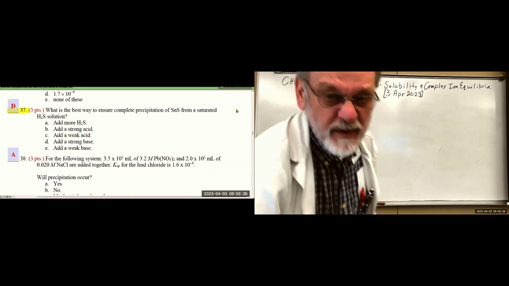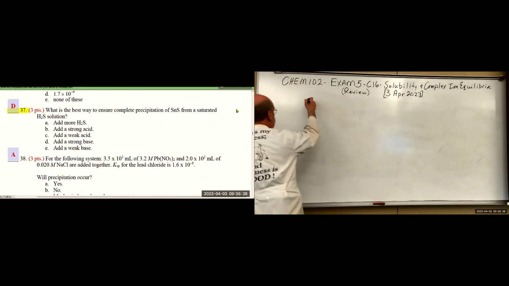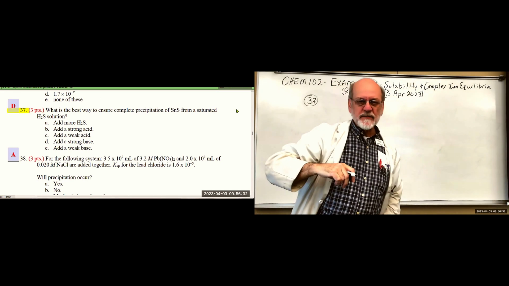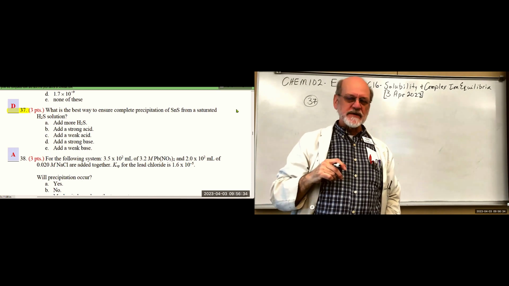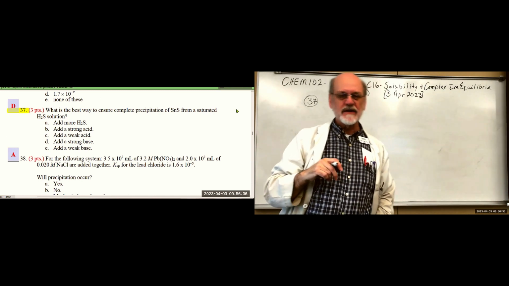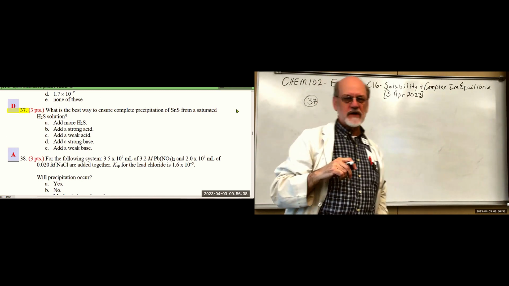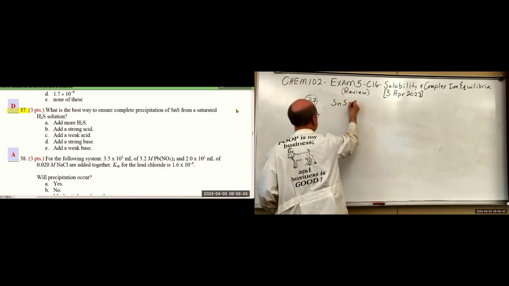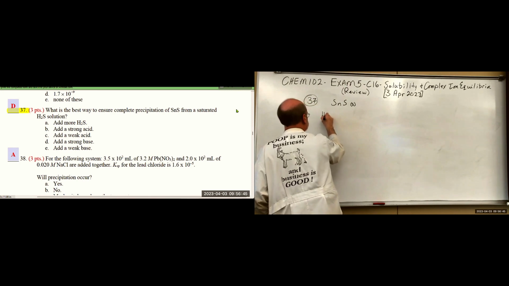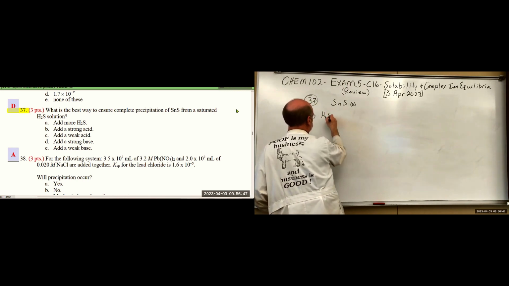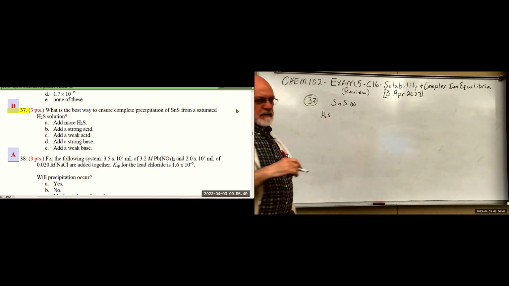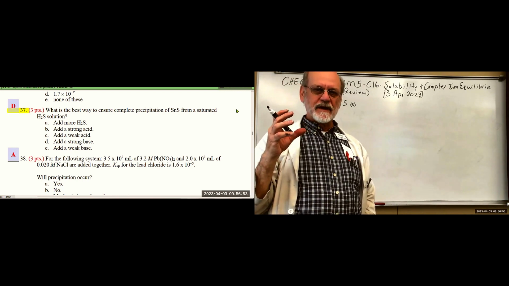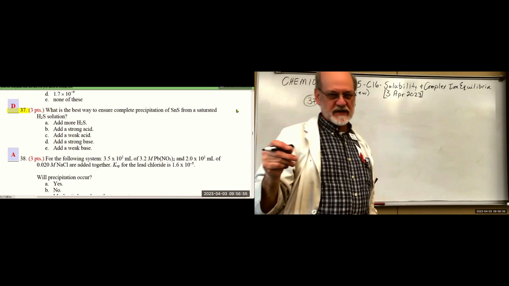37. What's the best way to ensure complete precipitation of SnS from a saturated H2S solution? We want to precipitate this one from an H2S solution. Complete precipitation.